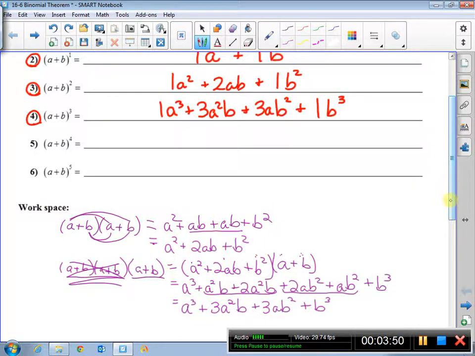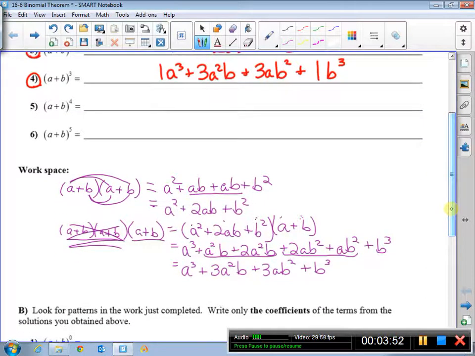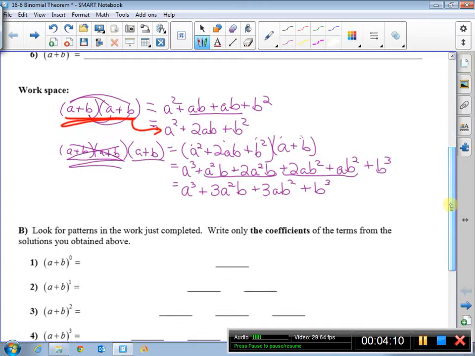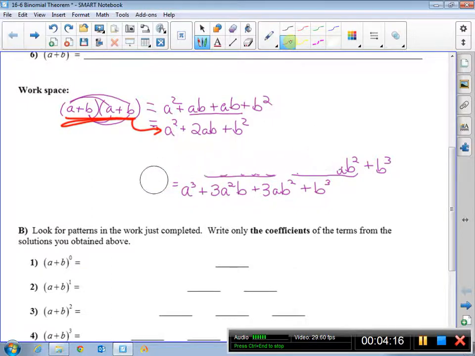All right, let's do one more here. It's a lot of work. A plus b all to the 4th. Well, I have an idea. I'm going to take this answer, which is this, and do it twice. So let me grab this purple pen again. I don't know if you guys have room, but I need to make more room.